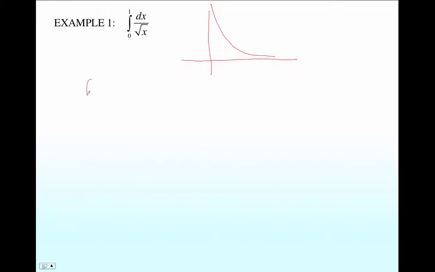So instead of doing the integral up above, we should look at the integral from epsilon to 1 dx x to the power minus half. And now that's very easy to do because the answer is just 2x to the power half, and we need to evaluate this between epsilon and 1, and that's just 2 minus 2 square root of epsilon. So epsilon to the power half.